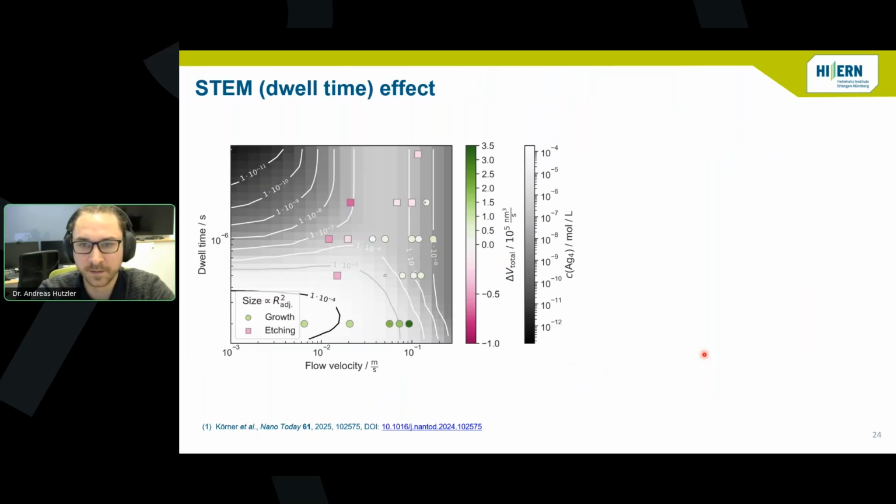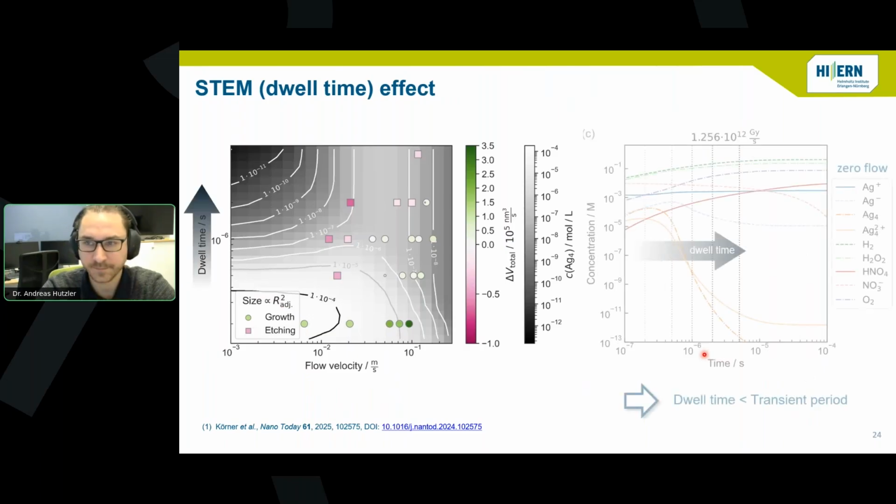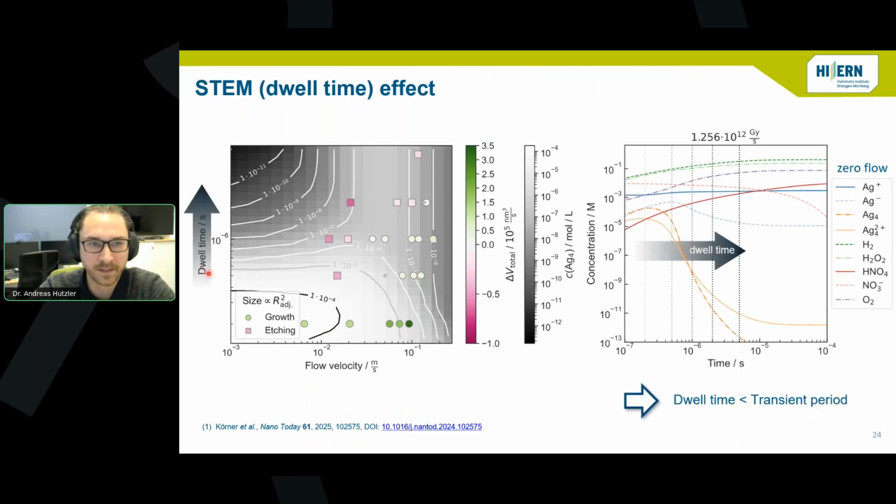Let's look at it in a bit more detail and specifically at the dwell time effect. So when going up with the dwell time in this graph, we actually have our transient period intersected with our dwell time, because the dwell time is much smaller than the transient period, so before a steady state is forming.